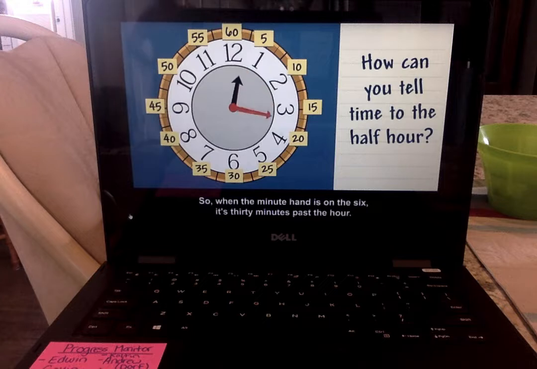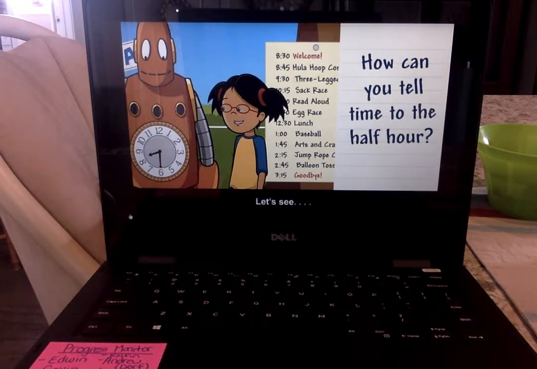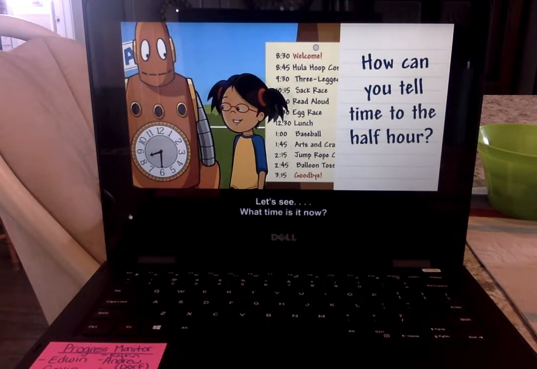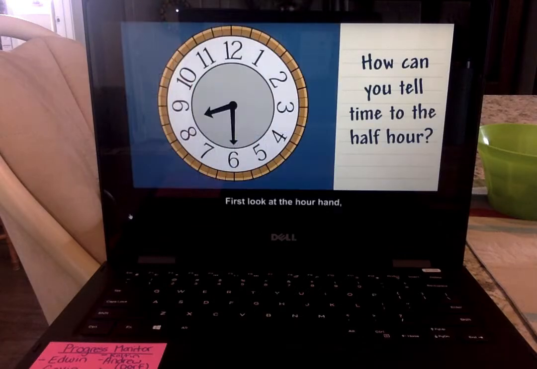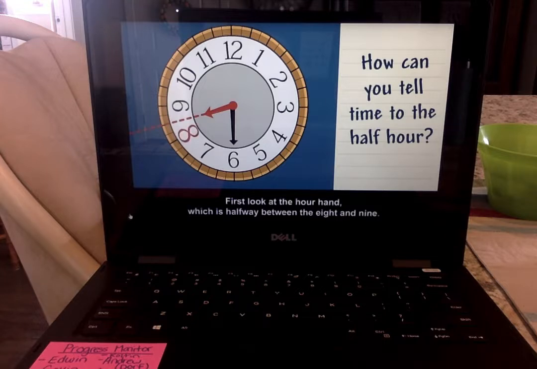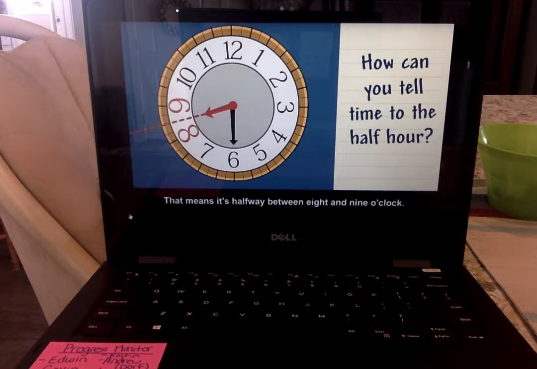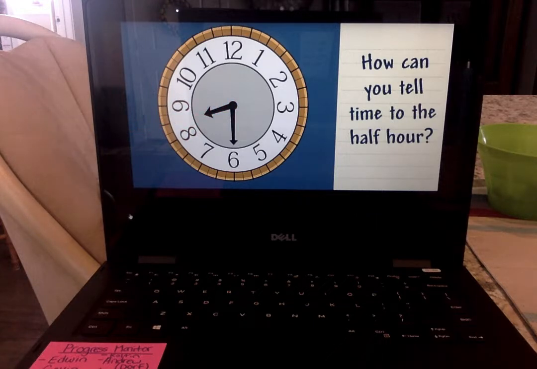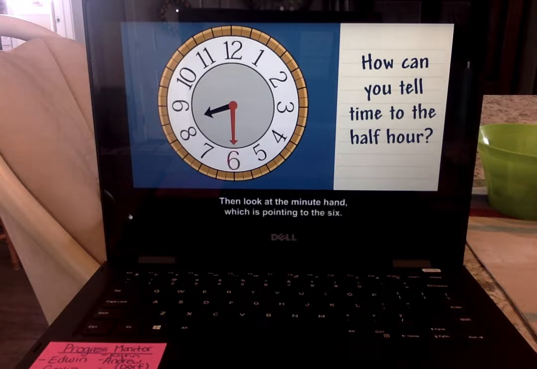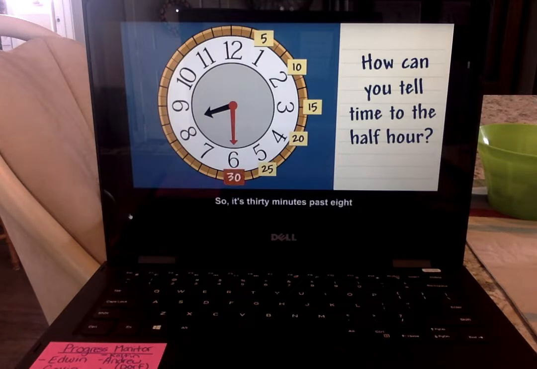So, when the minute hand is on the 6, it's 30 minutes past the hour. Let's see. What time is it now? First, look at the hour hand, which is halfway between the 8 and 9. That means it's halfway between 8 and 9 o'clock. Then look at the minute hand, which is pointing to the 6. So, it's 30 minutes past 8, or 8:30.